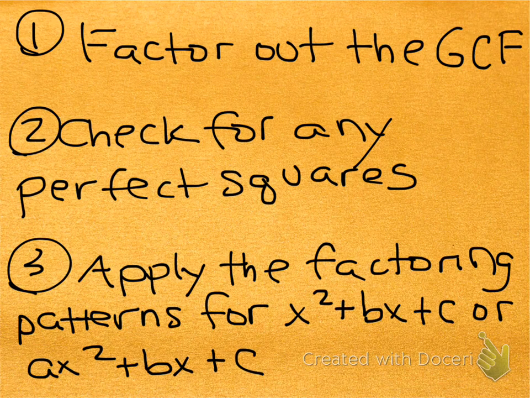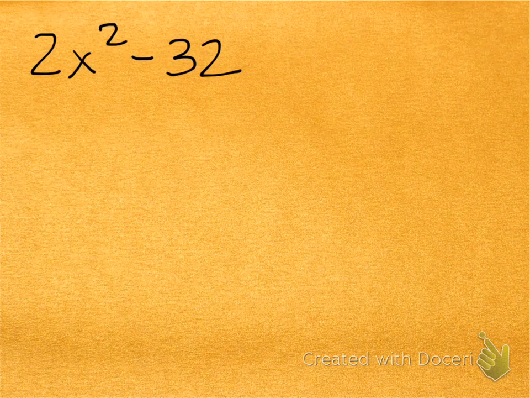If there is not, then you're going to apply the factoring patterns we used with these 2 forms, x squared plus bx plus c, or ax squared plus bx plus c. So we're going to do these 3 steps in the next few examples.